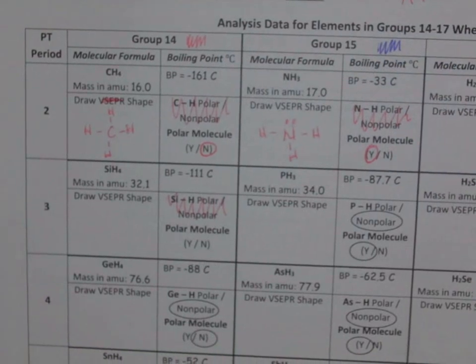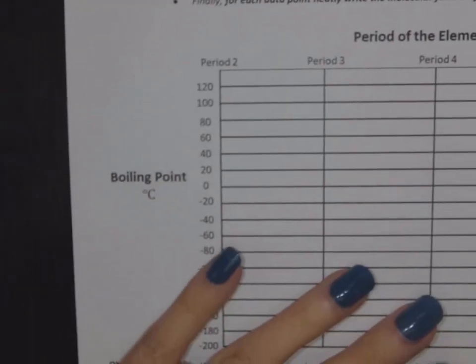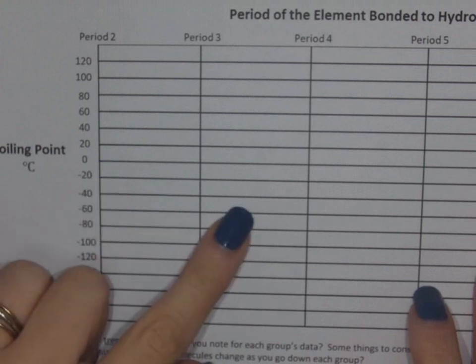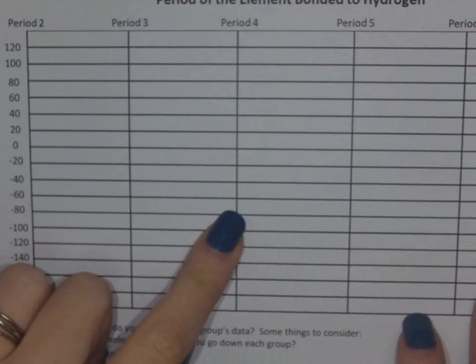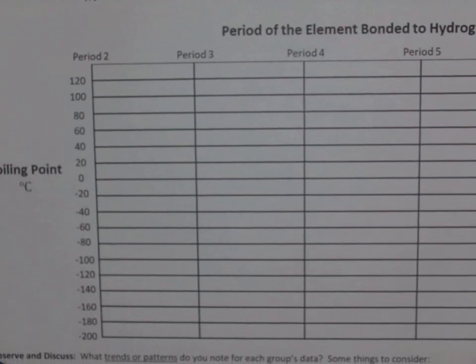Okay. So here is our graph, and we got boiling point, and then we got different periods that they're in on the periodic table, and then we're going to be mapping our group.